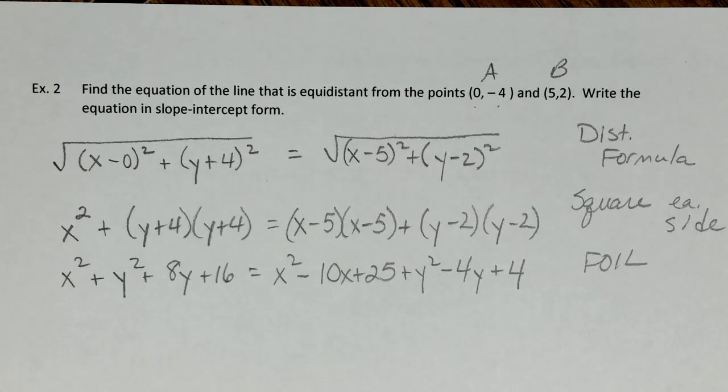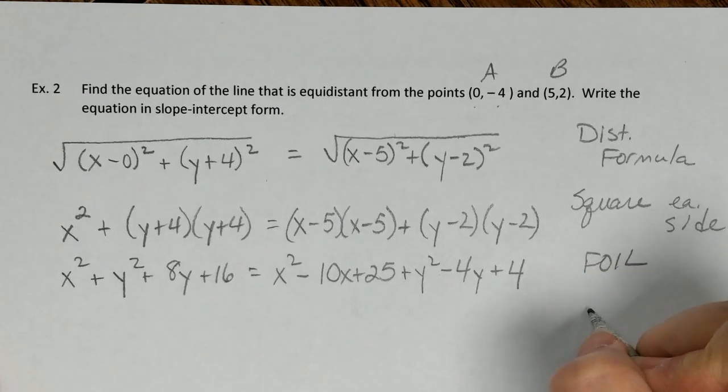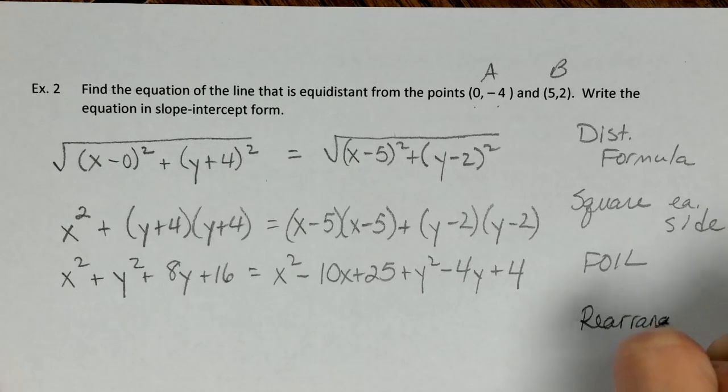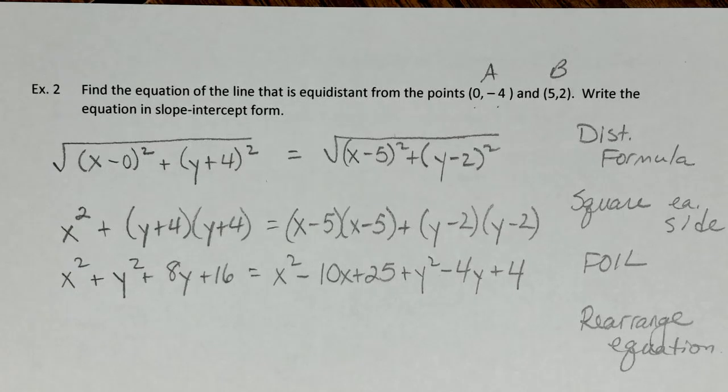Okay, and then we're going to rearrange things. We're doing slope-intercept form again. So I'm just going to put rearrange equation. And again, we want y on the left, everything else on the right.